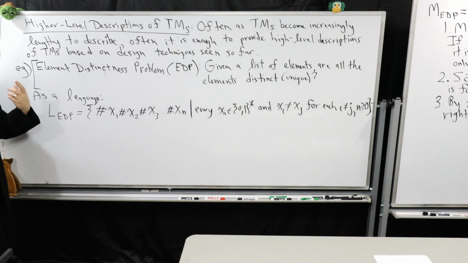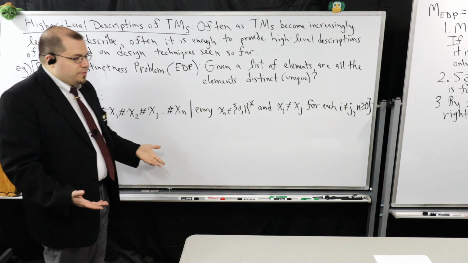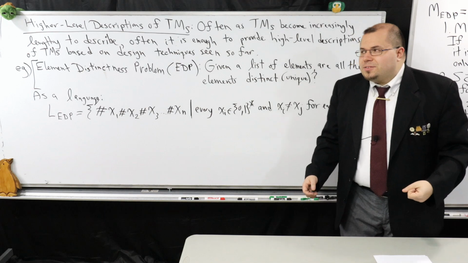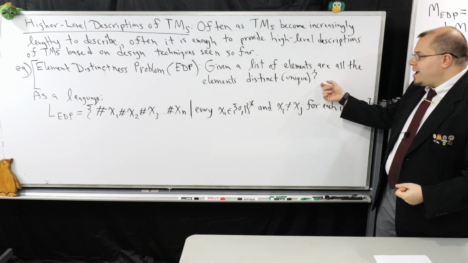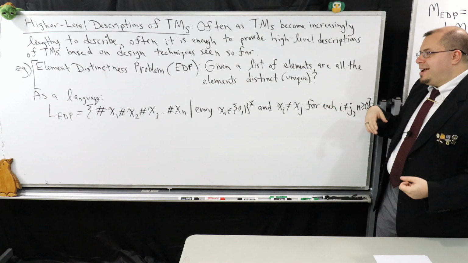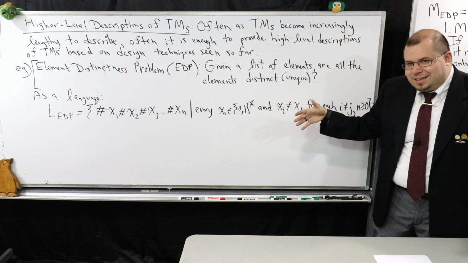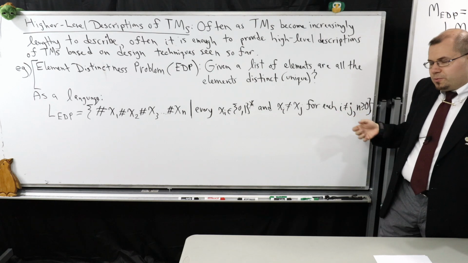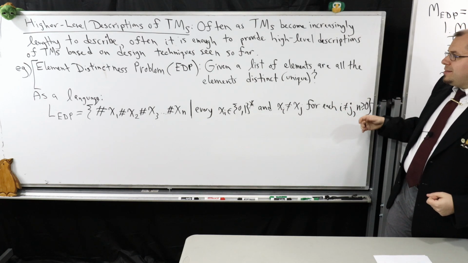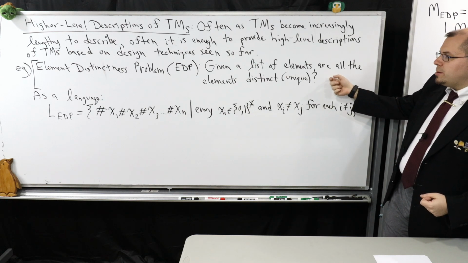If I give you a list of elements, I want to know if any single one of them is equal to another. If the answer is yes, they're all distinct, then I can tell you that every element in that list or array, whatever way you want to formalize it, is in fact distinct. Can somebody tell me what kind of problem this is?